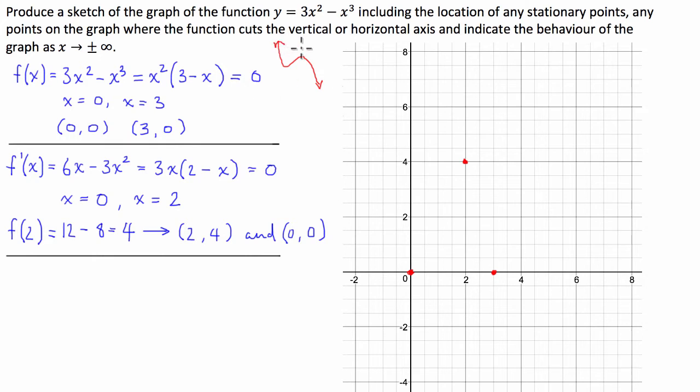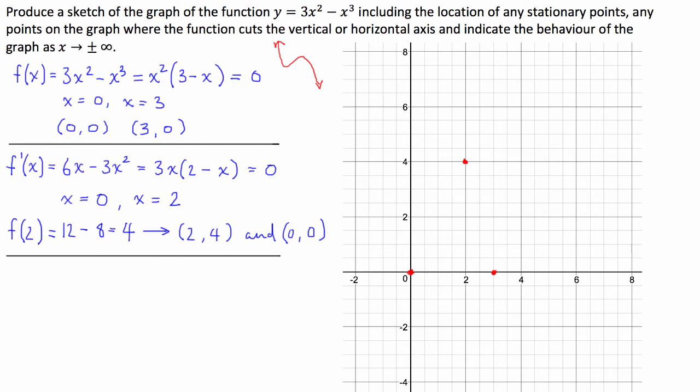So you can see that this turning point here will correspond with this, and it's going to look somewhat like that. This, I would say, is one of the more important things when you're in exams, to have a rough idea of what shape the function is going to take.